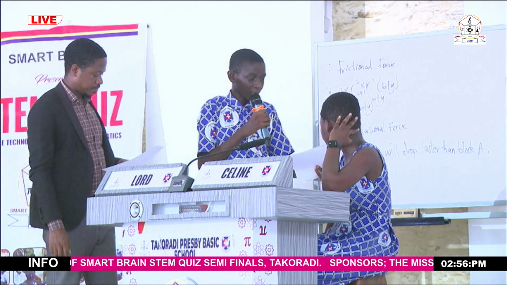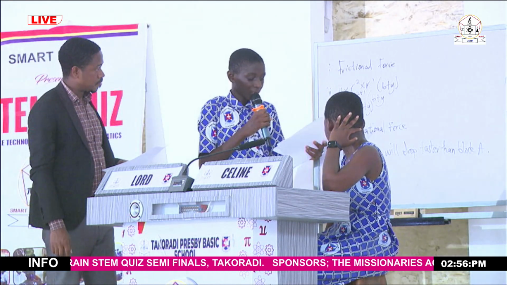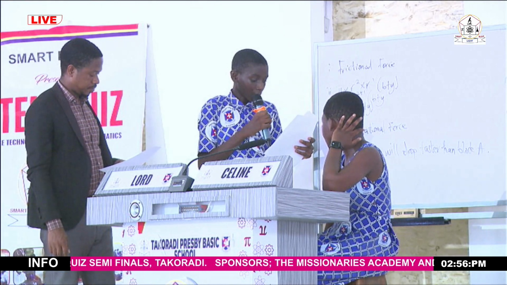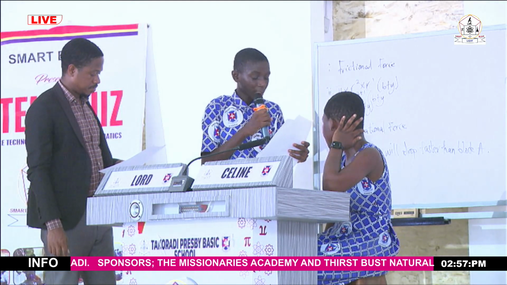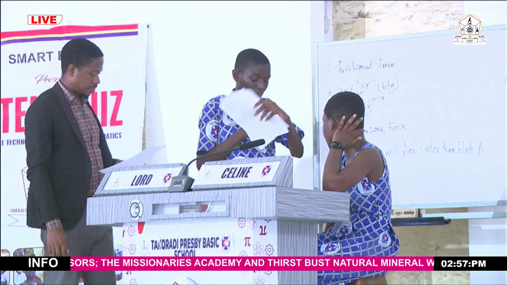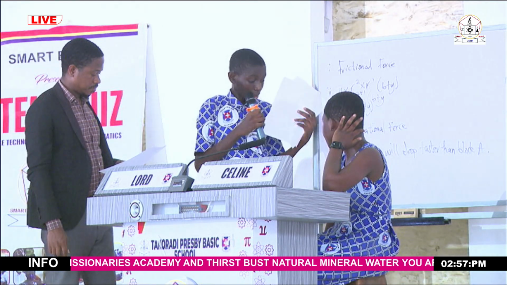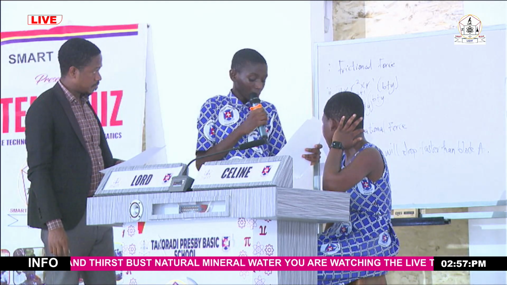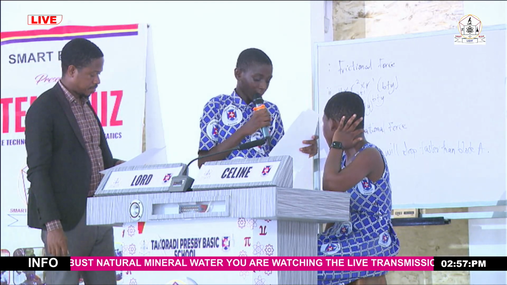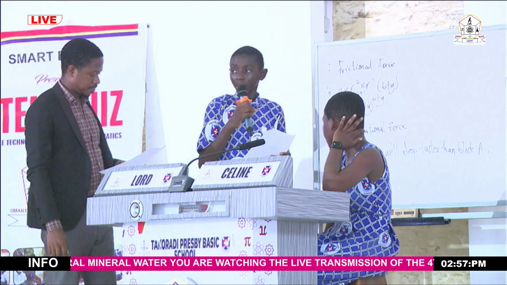And this is block B due to gravitational force. And the last question, if the weight of block B is greater than block A, which block will move faster? And this is block A, because block B will pull block A faster to hit the ground.